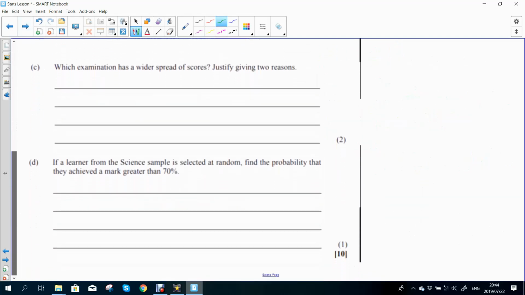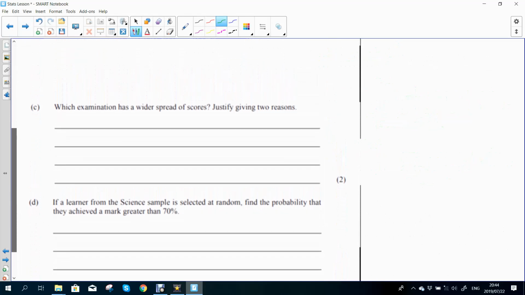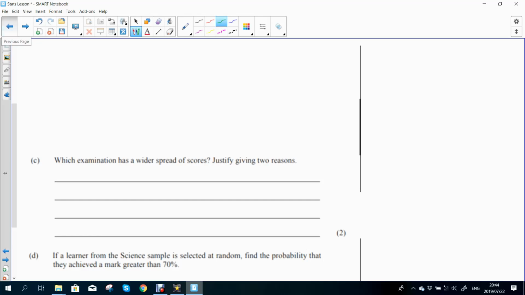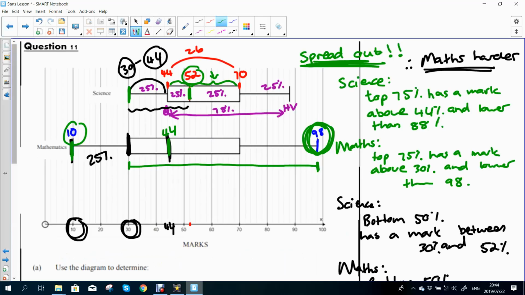Which examination has a wider spread of schools? Now, you need to give two reasons. Which one has a bigger spread? You can clearly see that's maths. Why do I say it's a bigger spread? Look at the difference in your range. The range there is massive, whereas the range for science is not as big.